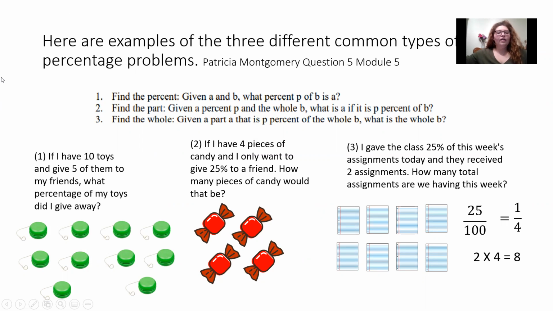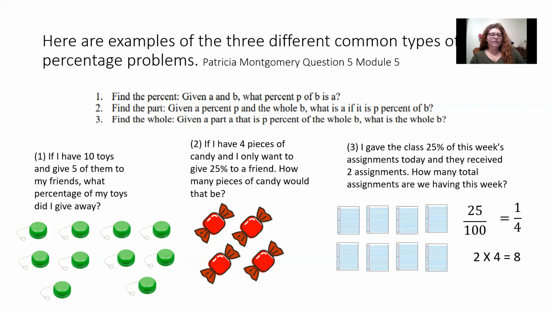Now, here is going to be some fun ones. So this is 3 of the common types of percentage problems that we see when we do word problems. And so for the first one, it says you're going to find the percent given A and B and what percent B or P of B is. So I'm going to do, if I have 10 toys, which in this instance, I've got little yo-yos.